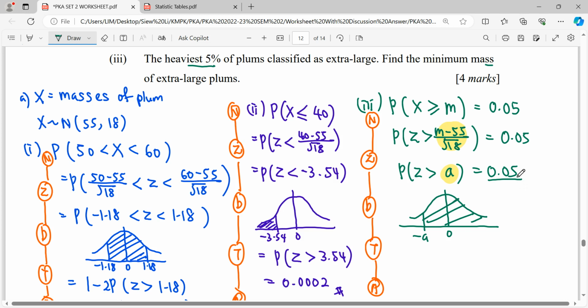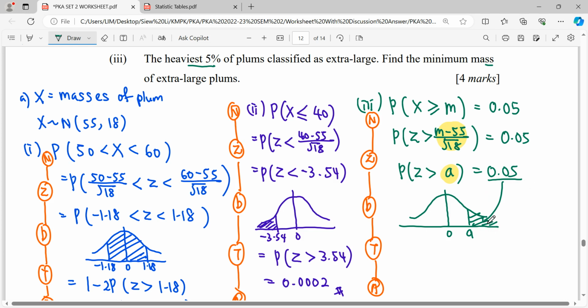So this figure is very small but the region is very big, which means the region and the figure do not fit each other. Our Z value is not negative. It is supposed to be on the right-hand side, a positive value. Yes, this region can be fulfilled with the figure given. So when your region is not more than half, your figure will not be more than 0.5.